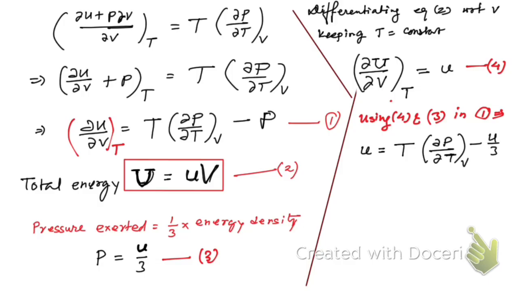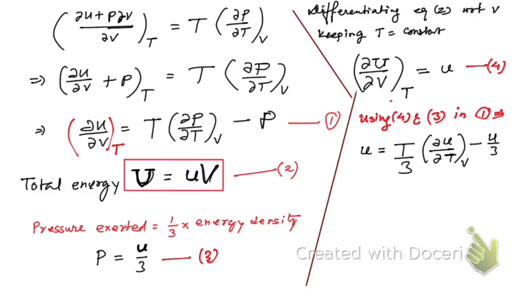Also we can replace this P by this value. Then this equation will be of this form, divided by 3. Okay, we get that, right?